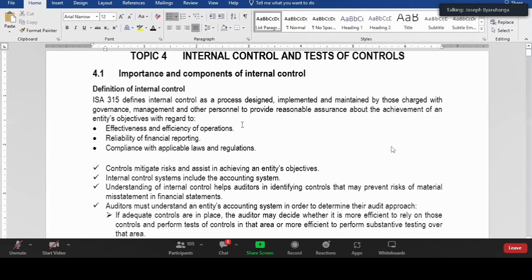So a good internal control system ensures that the operations are carried out efficiently and effectively. Efficiency is minimizing costs, increasing output at minimal costs, and effectiveness is achieving the set objectives, as we saw in topic 1.